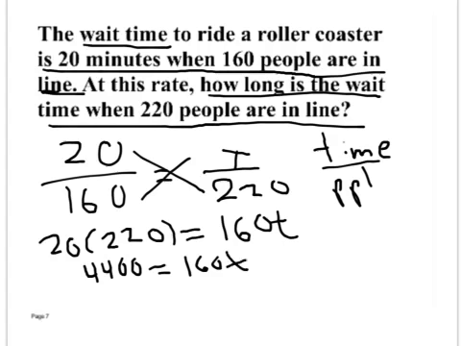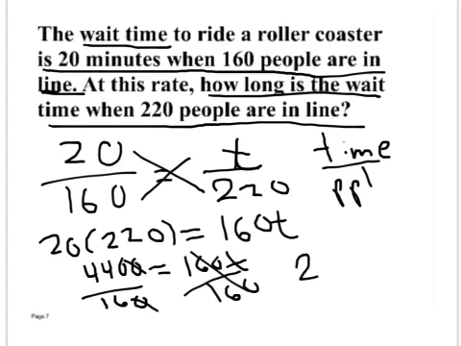It should be x, but it's alright. I'm going to make this t right here. So I divide by 160 to find out what t is. I could reduce by 10, so I get rid of a 0. 440 divided by 16 is 27.5. So it's 27.5 minutes.